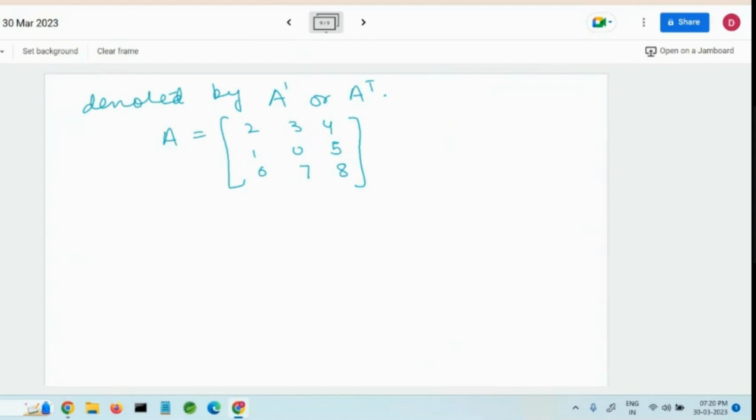If this is A, its transpose has rows converted into columns and columns converted into rows. If A is this, A transpose is this.